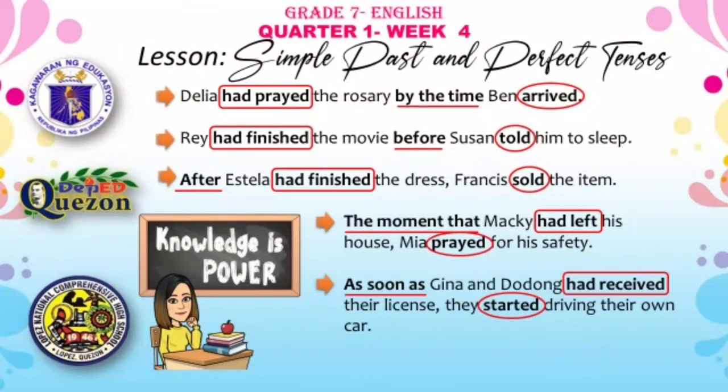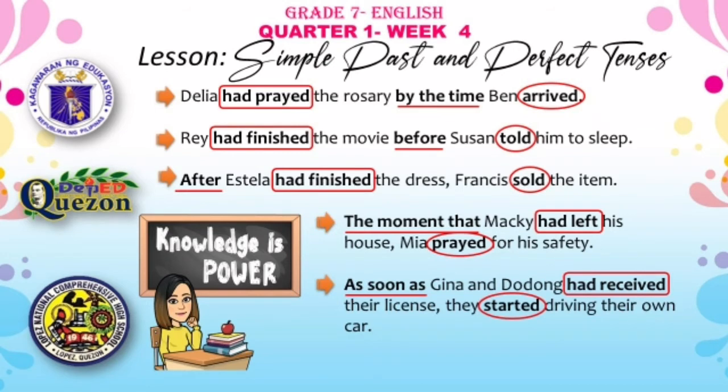Let me give you other examples. Delia had prayed the rosary by the time Ben arrived. In this example, had prayed is the past perfect tense. By the time is the time expression and arrived is the simple past tense. The second one is Ray had finished the movie before Susan told him to sleep.